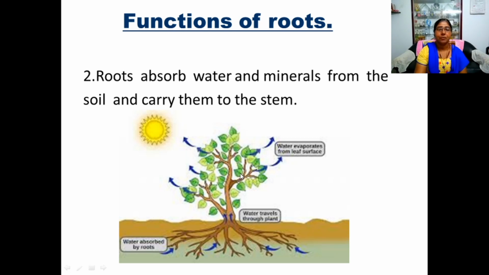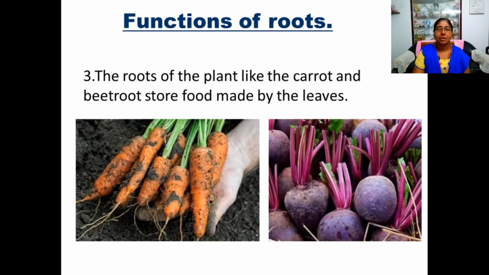Leaves prepare their food with the help of this water, and extra water evaporates from leaf surface. Another important function of root is some plants like carrot and beetroot, they store extra food in the roots. In this figure you can see that carrot store extra food in the root, and beetroot also store extra food in the root.